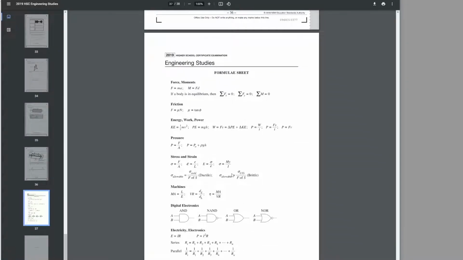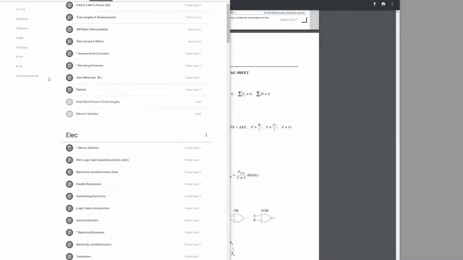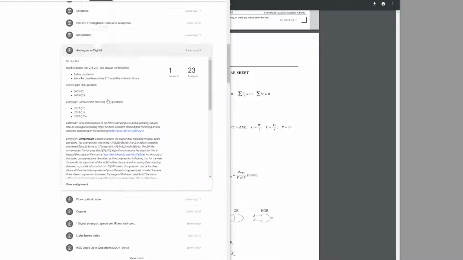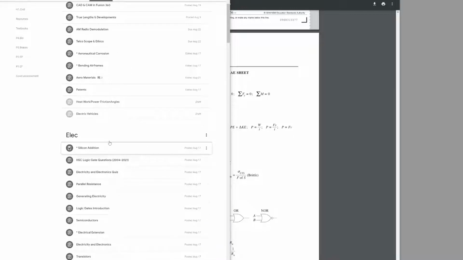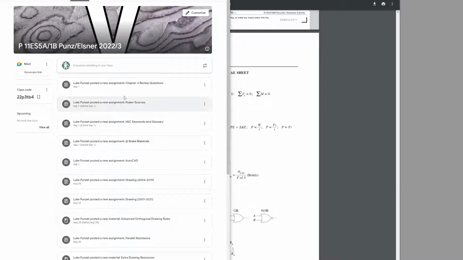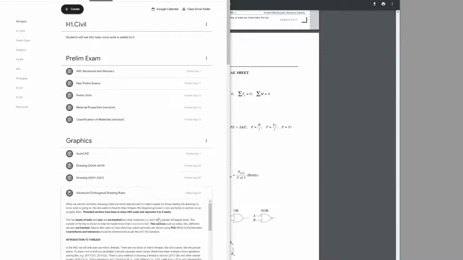So we'll quickly go to my notes on this. I should have had them ready, but I don't. I had recently posted my drawing stuff again. I'll go to my year 11s. Graphics, AutoCAD, Advanced Orthogonal Rules.